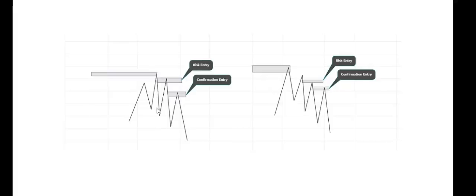All right, and then once price breaks structure, you can be sure that there is an OB that will be left behind. All right, now this OB here, as price is rotating back up, is a point of interest. All right, it's a point of interest, but it is a risk entry.